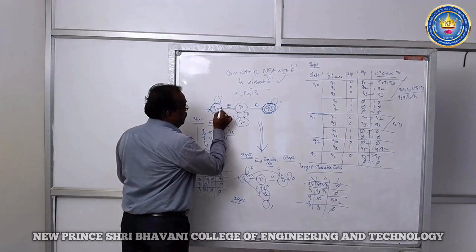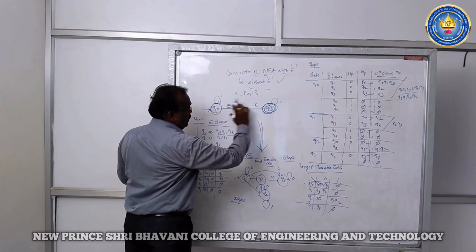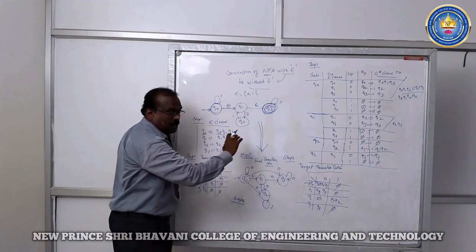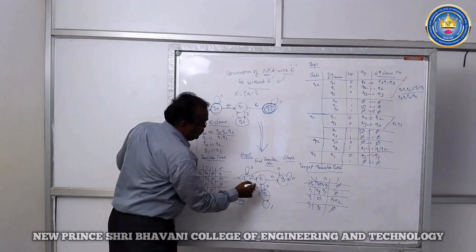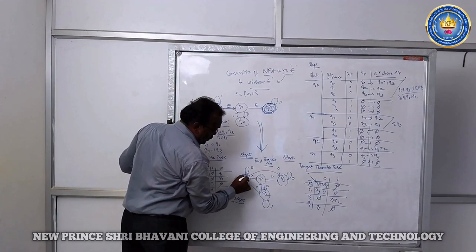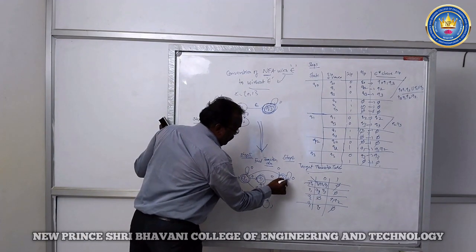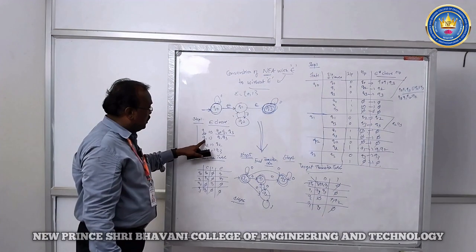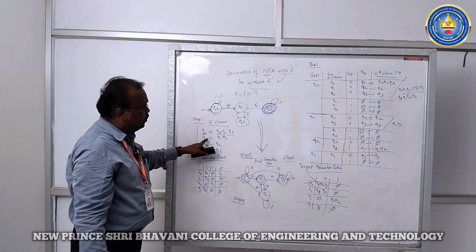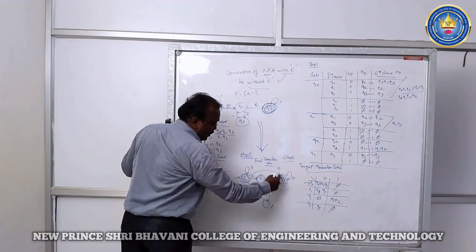For example, for Q0, where does it go? To Q1 and Q3. This is the epsilon path there. So the epsilon path represents the final state. So Q0 and Q1 also are final states. And similarly for Q1, another epsilon path Q1, Q3, is already indicated. So this is the final state.